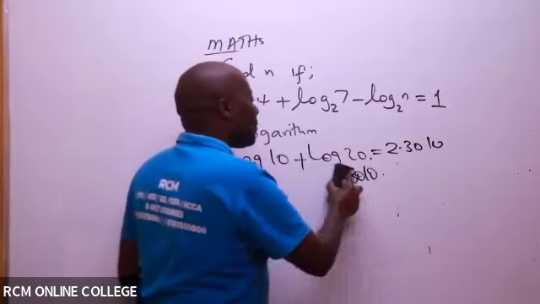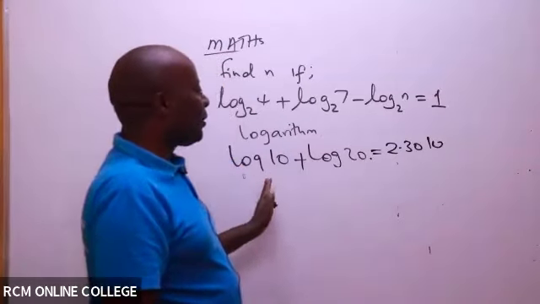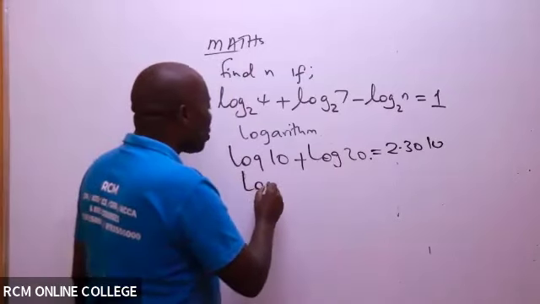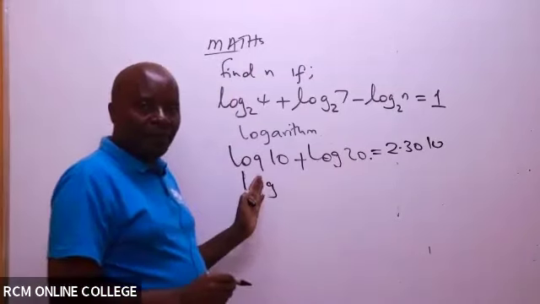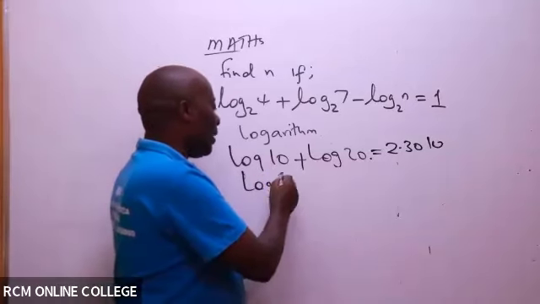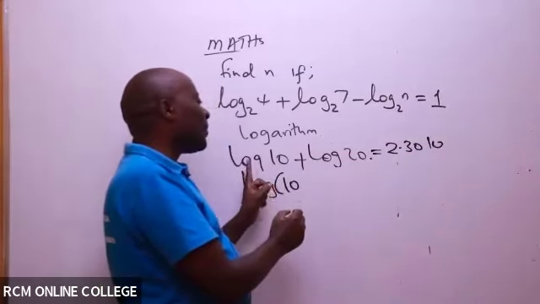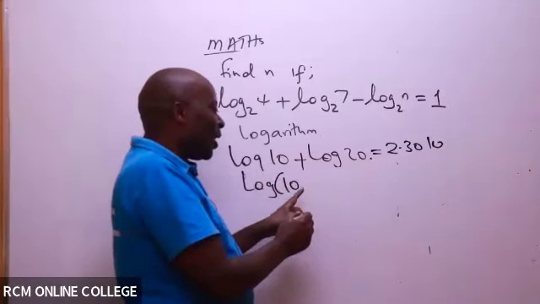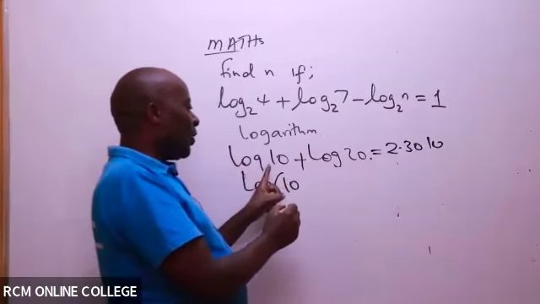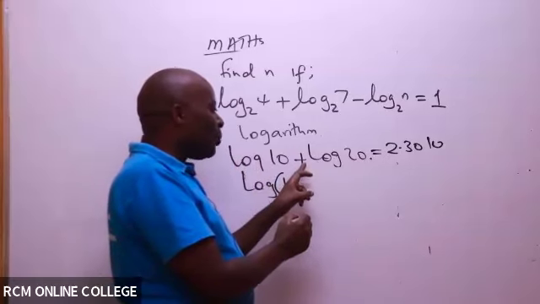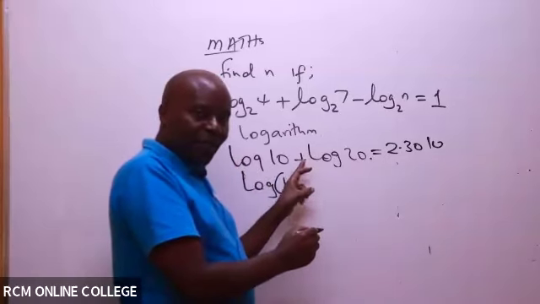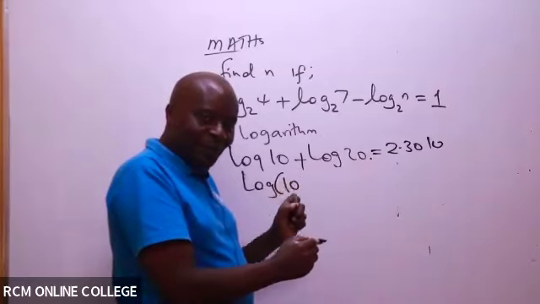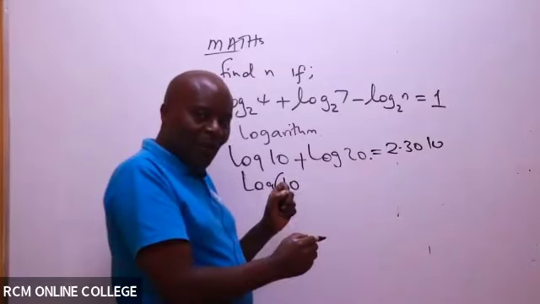If, for example, you have log 10 plus log 20, and somebody tells you to factor out the logarithm term, I can't now say inside here 10 plus 20. No. When I'm factoring this logarithm out, and we happen to have a plus, the plus will change to multiplication. It's a very, very important rule of logarithm.